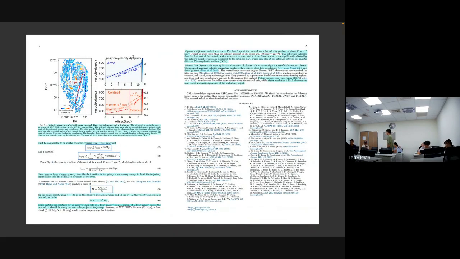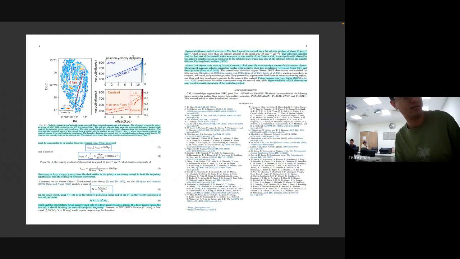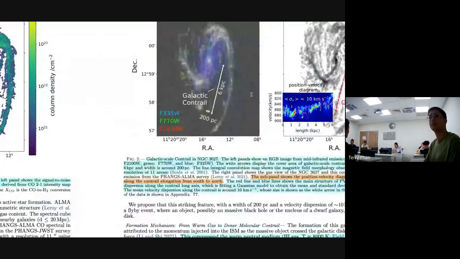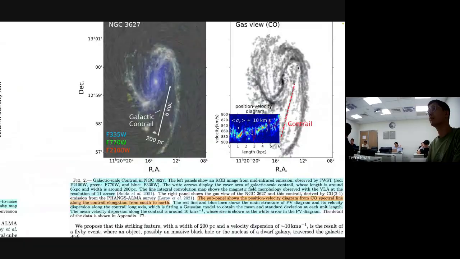Can you explain again how this contrail is different from a spiral arm? Here, this is the spiral arm. And this in the middle, the red dotted line, this is the contrail.